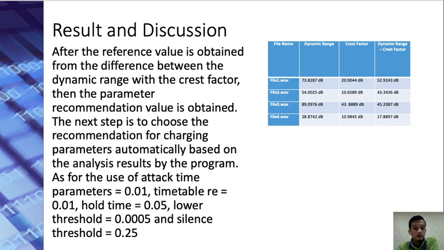The parameters used are: attack time 0.001, release time 0.01, hold time 0.05, lower threshold 0.0005, and silence threshold 0.25.